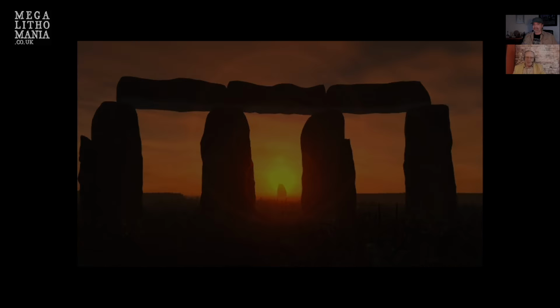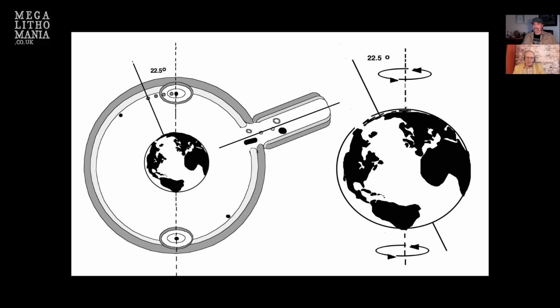And of course it wasn't 10,000 years ago. It's the other way. 10,000 years in the future, it will be 22.5 degrees. But going back into the past, the closest we have is 30,000 years ago. And that sort of surprised me. So if that is what Stonehenge is trying to tell us, then it's indicating that Stonehenge is 30,000 years old.